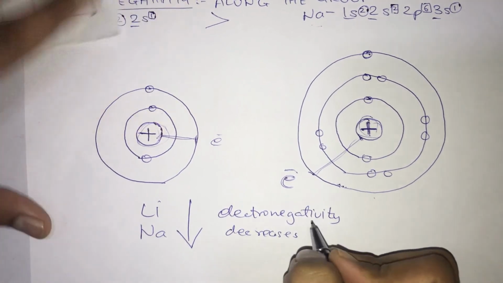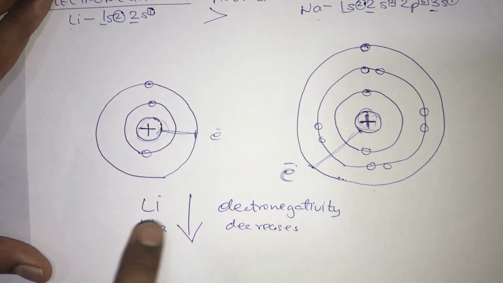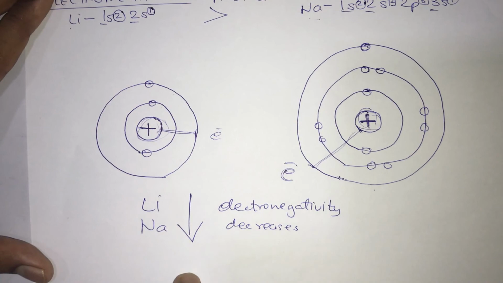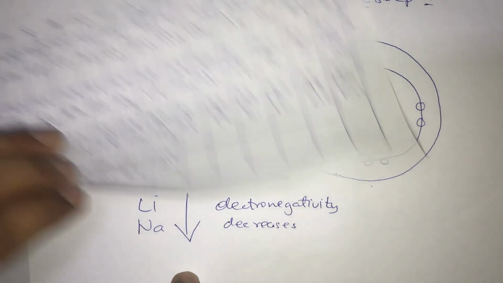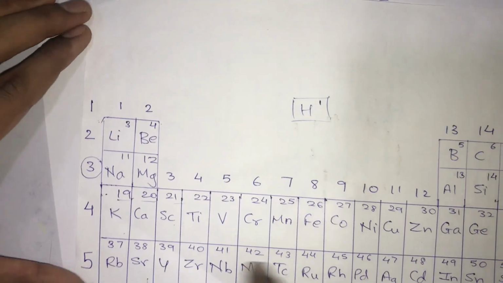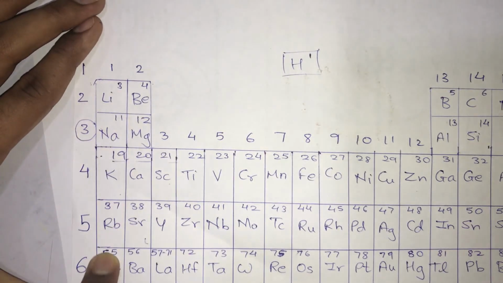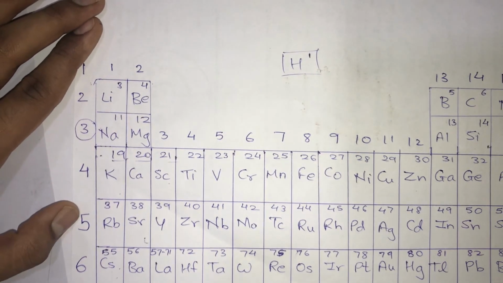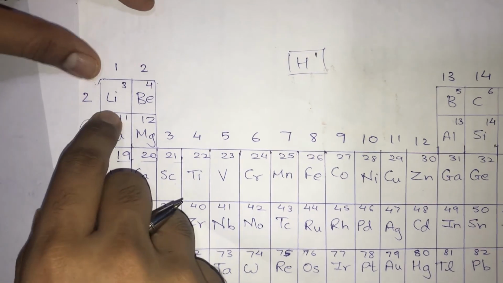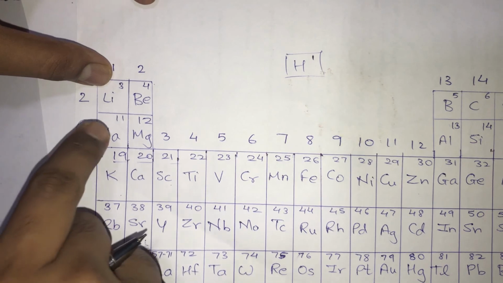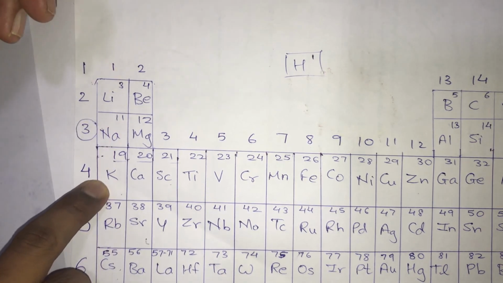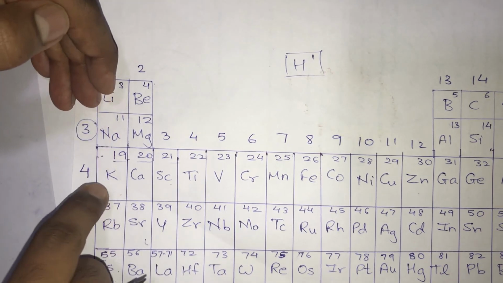Because lithium has greater electronegativity than sodium, and as we are moving down, can I say that the electronegativity is decreasing? So this applies for the complete group, that as you move down, the electronegativity is going to decrease. So as you move from lithium to sodium, the electronegativity is going to decrease. As you move from sodium to potassium, again the electronegativity of the element is going to decrease.